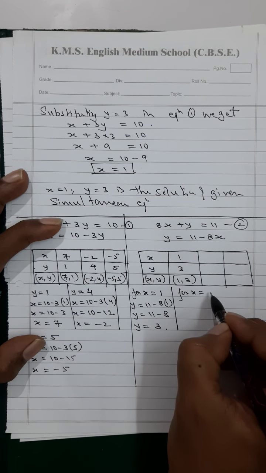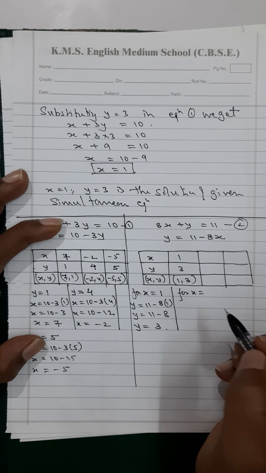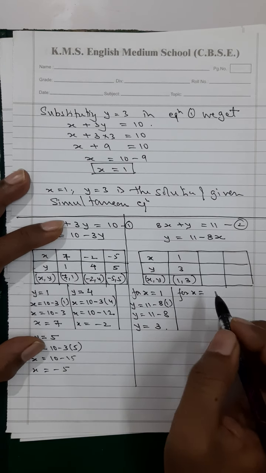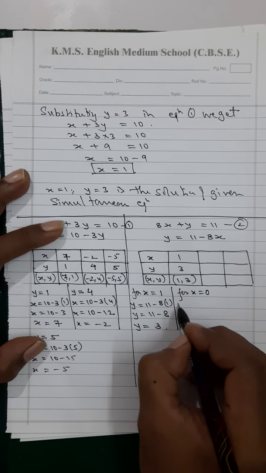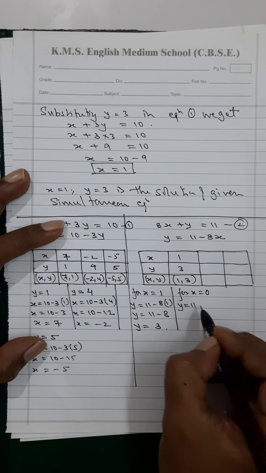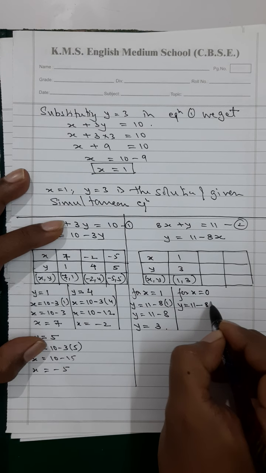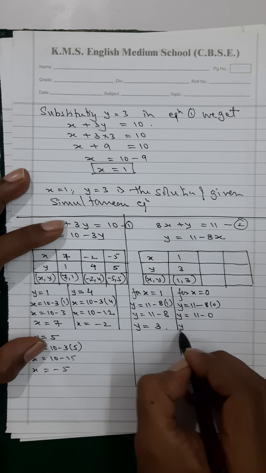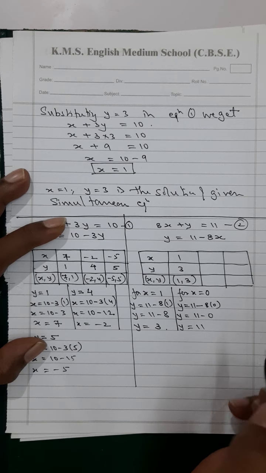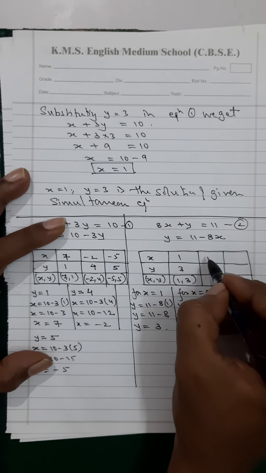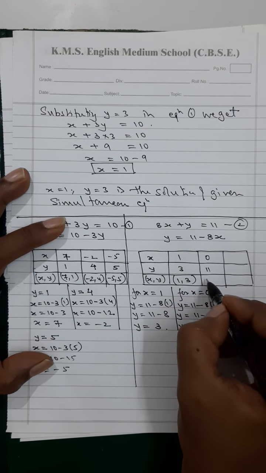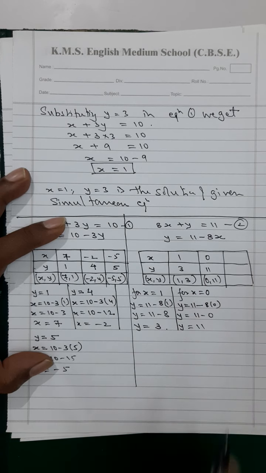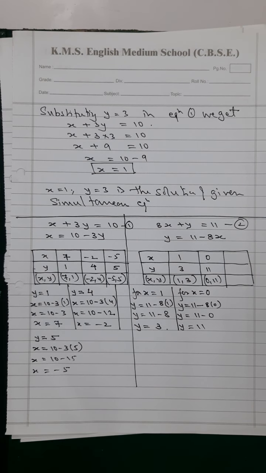For x is equal to 0, I will get y is equal to 11 minus 8 into 0, so y is equal to 11. Still on the higher side, but it's okay. So I get x is equal to 0, y is equal to 11. 0 comma 11.